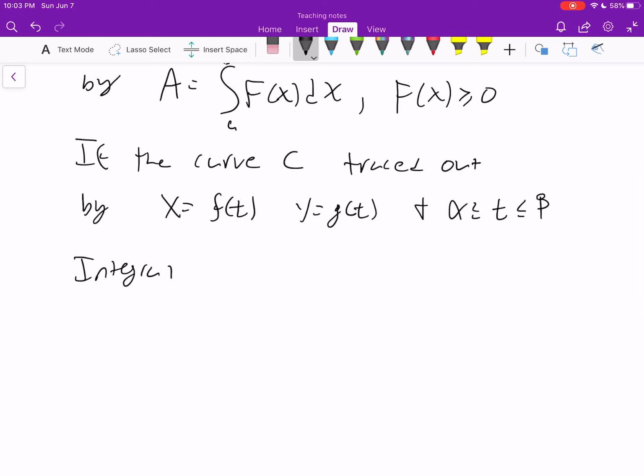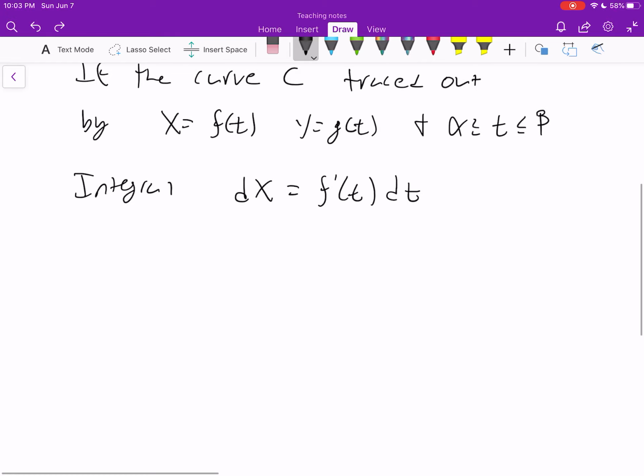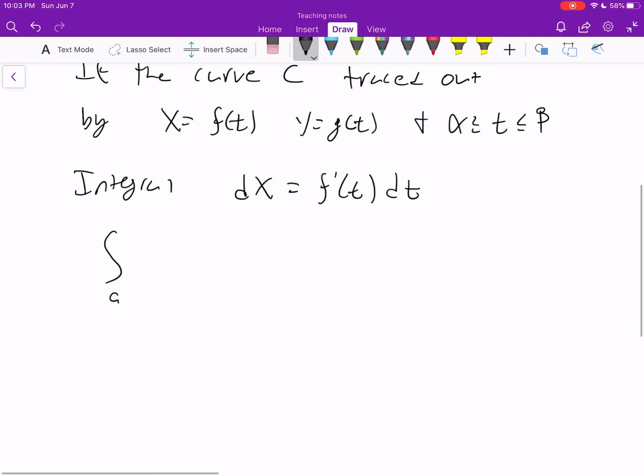So first thing I want to note is that if I compute the differential dx, this is going to be f prime of t dt. And I get that from up here. So what I have then is that the integral from a to b of y times dx, thinking of the function y, this is a u substitution.